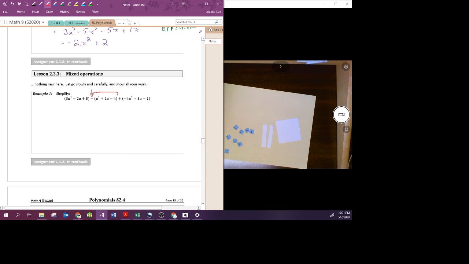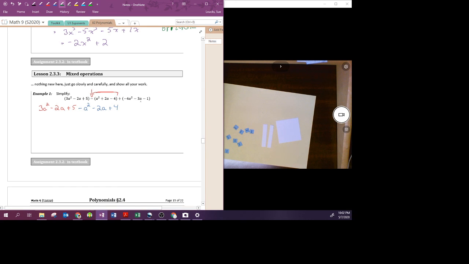So this becomes, I'm actually going to skip the brackets. So that's 3a squared minus 2a plus 5. That's just the way it was written. And then I'm adding negative a squared, so I'm just going to write that as minus a squared minus 2a plus 4.